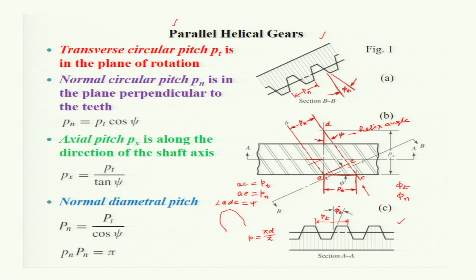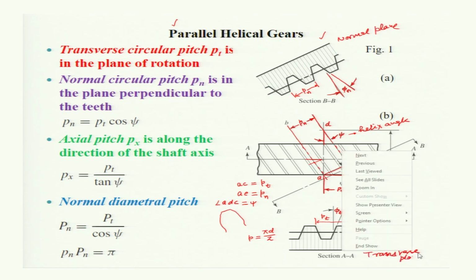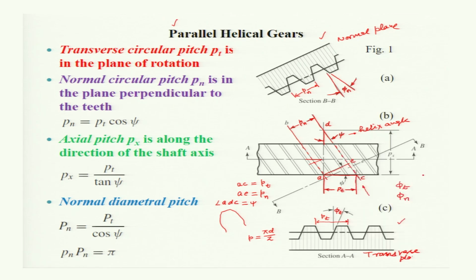Normal circular pitch Pn is in the plane perpendicular to the teeth. This is the normal plane, and this is the transverse plane. So, Pn is equal to Pt cos psi.